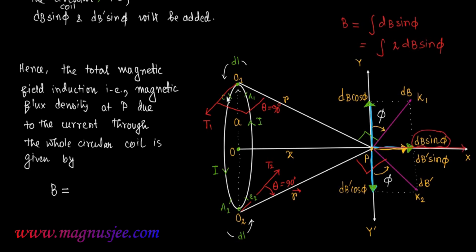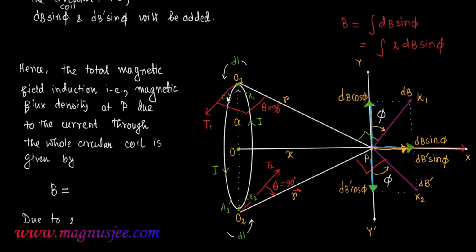That's why the expression of magnetic field induction B will be what? Which one is correct? Integration dB sin phi or integration 2 dB sin phi? As we consider the whole conductor or entire portion of the circular coil, the total magnetic field induction B at the point P will be what?